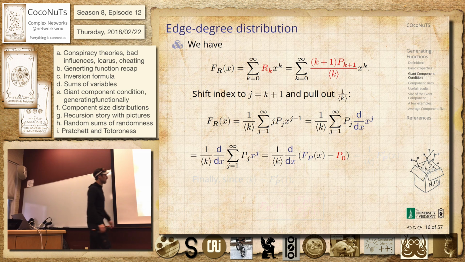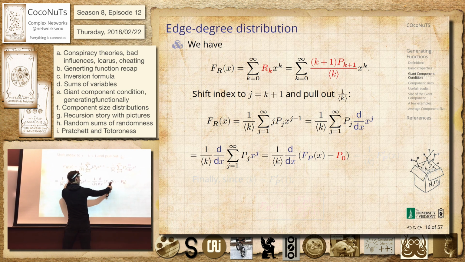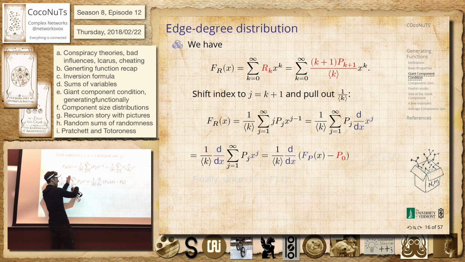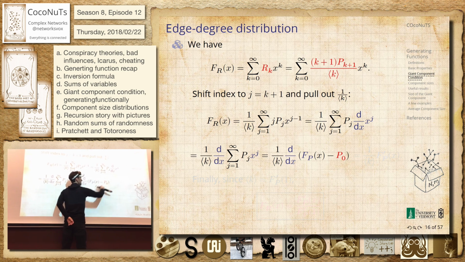So this is almost the generating function, but we're missing the first one, right? And the first one is p0 x to the 0, which is p0 times 1. So we can say it's the generating function for p minus the first term.